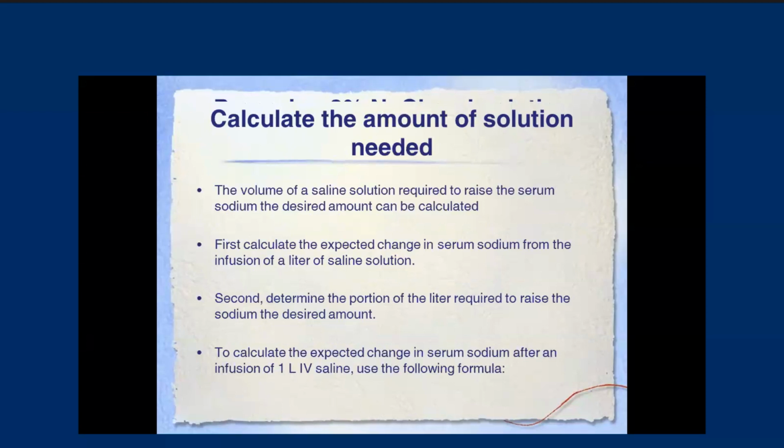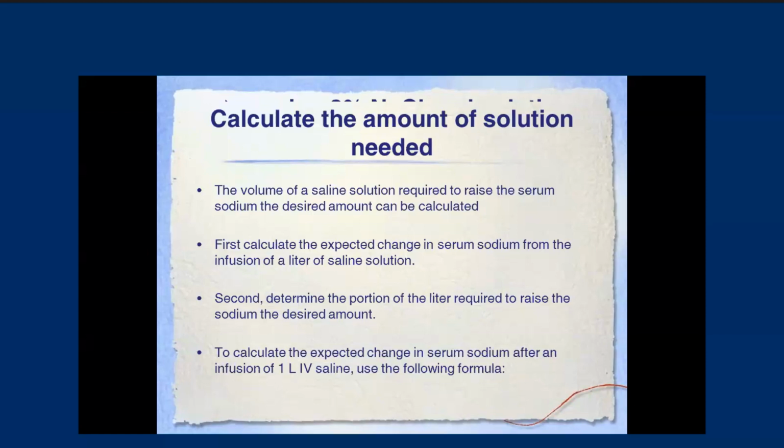So the volume of the solution which is needed to be given to raise the amount of sodium by the desired level can be calculated. First we need to calculate the expected change in serum sodium from the infusion of a liter of saline solution. Second, we need to determine the portion of the liter required to raise the sodium by the desired amount.